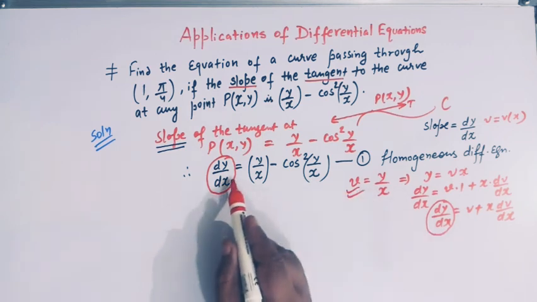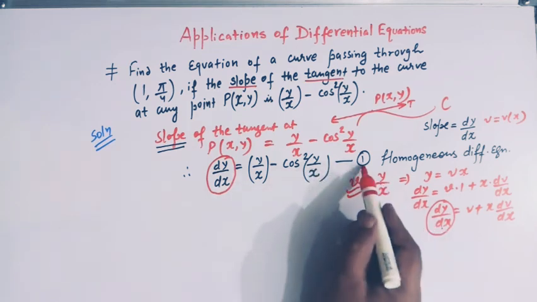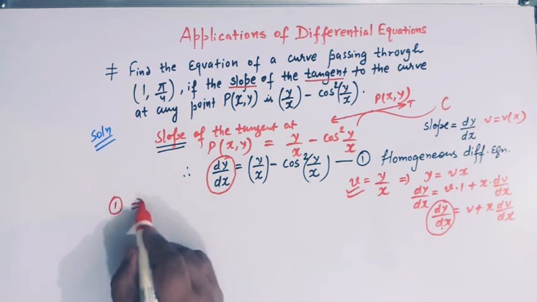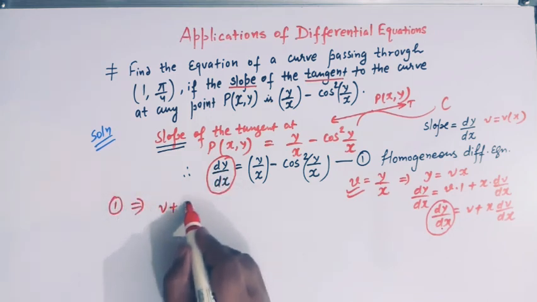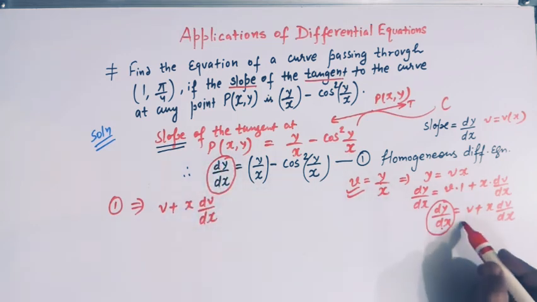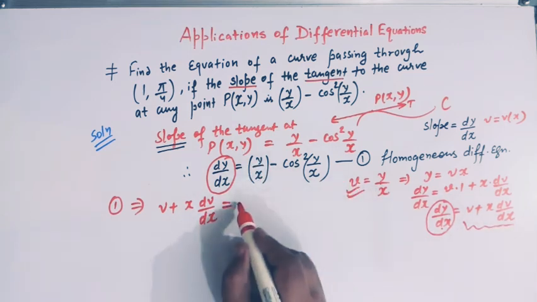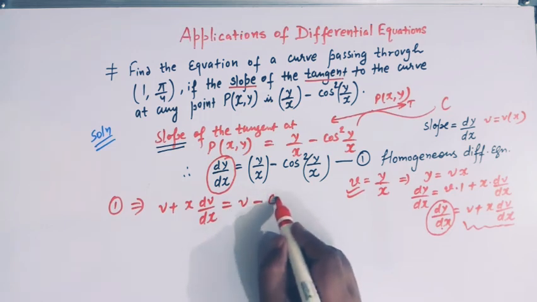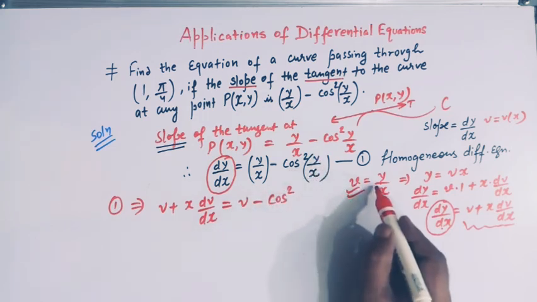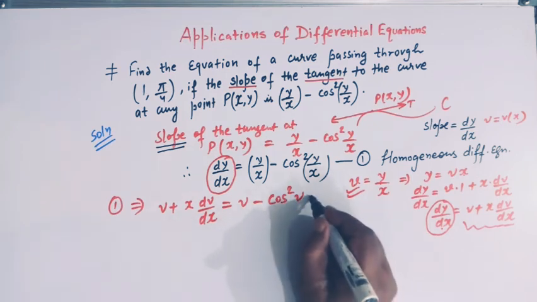So this equation number 1 becomes v + x dv/dx = v − cos²v.